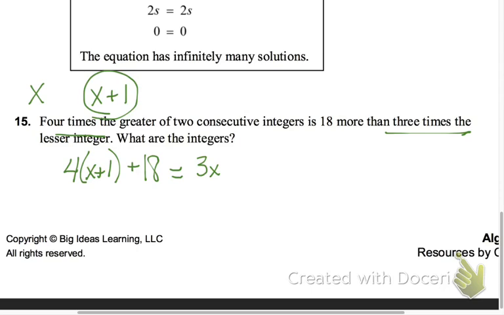Is that equal? It's fine? I didn't think it was. Why? Well, it says is, so I thought that meant equal. Okay, so we need to change something, right? Because we need 2 things to be equal. This says that it's 18 more than 3 times the lesser integer.